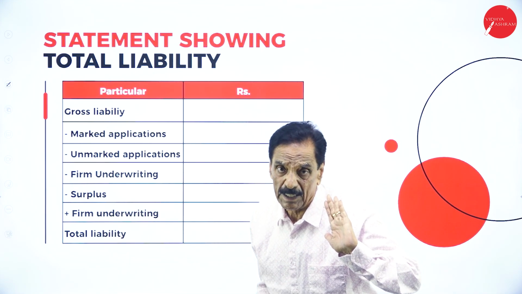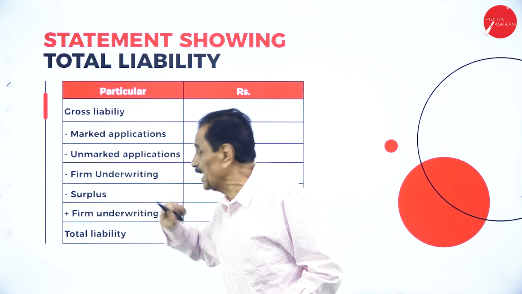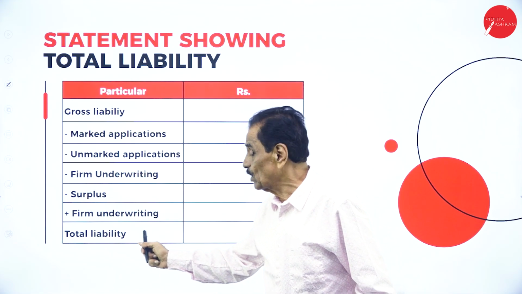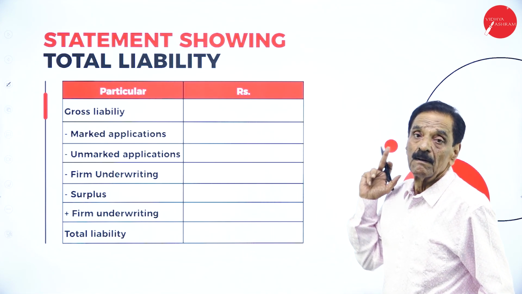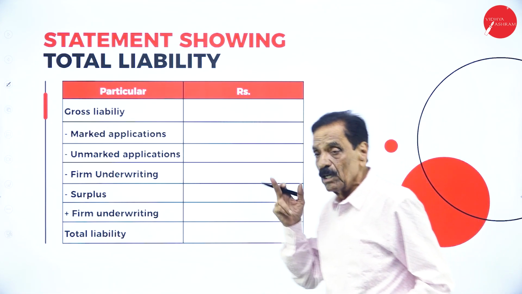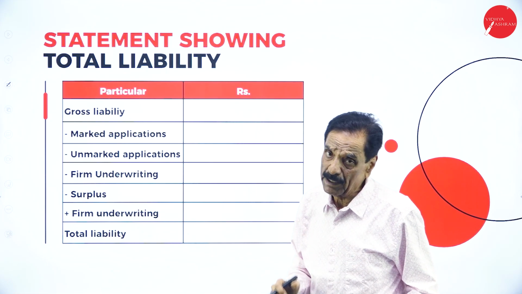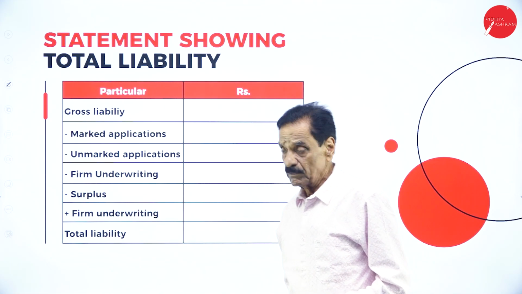You add back the underwriting because you separately deducted the firm undertaking, showing the total liability. This is one mark, when the firm underwriting is not included in the application form and is treated separately.